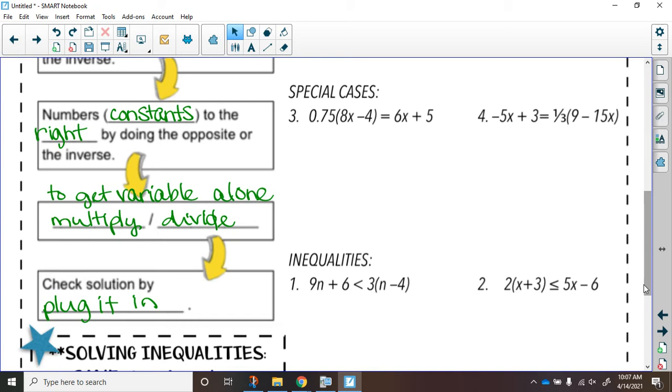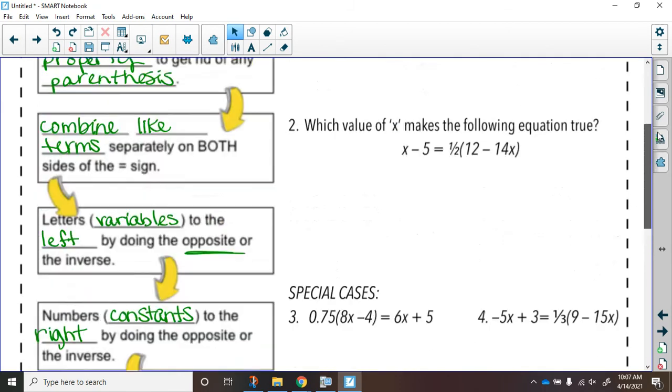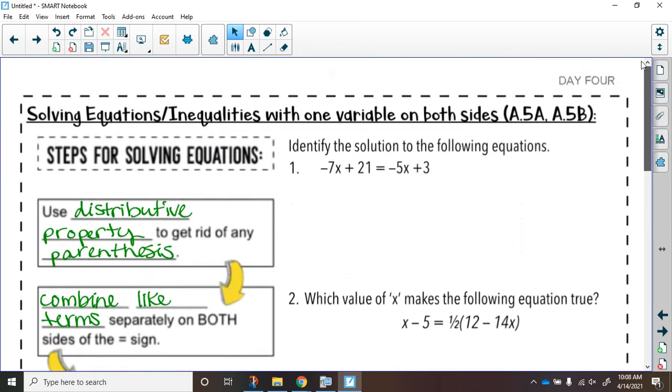So let's go ahead and look at number 1, going back up to the top. If you need to pause the video, go ahead and do so to finish writing the steps down. In number 1, I don't see any parentheses, so I don't have to distribute.